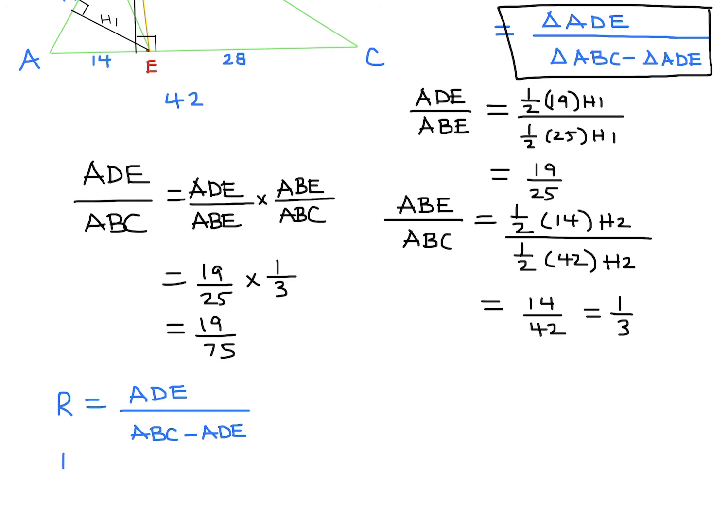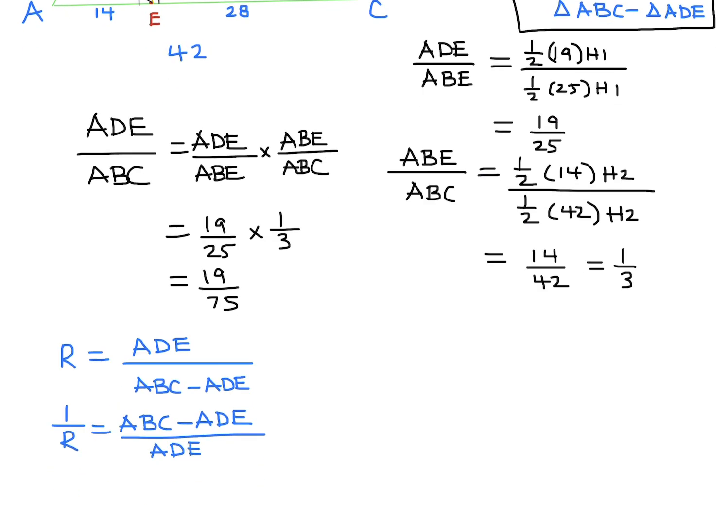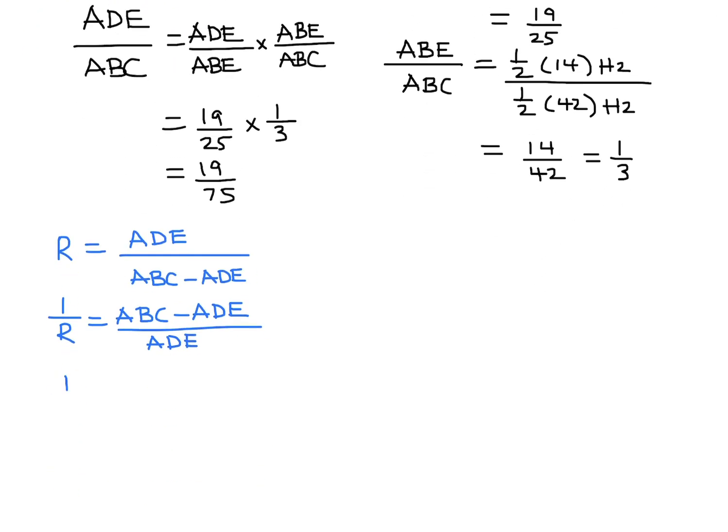It makes it a little bit easier for me. If I do that, watch what happens. I get ABC minus ADE over ADE, like that. And this helps a lot because 1 over R now becomes just ABC over ADE minus 1. See how that helped there?